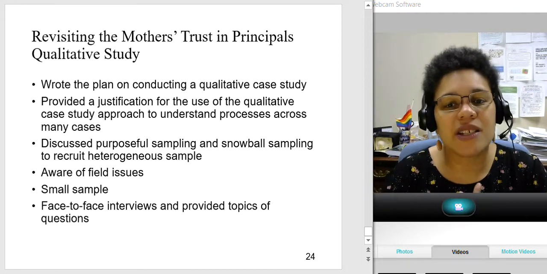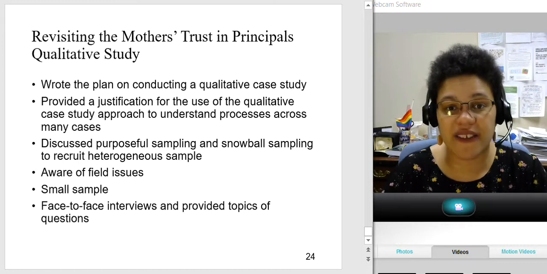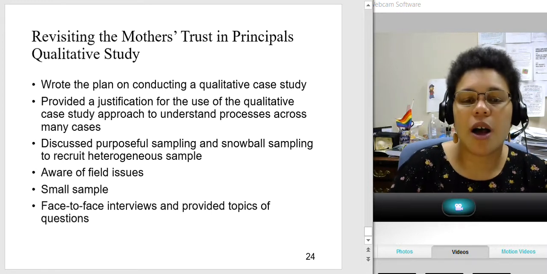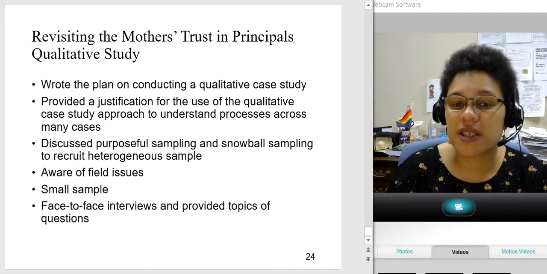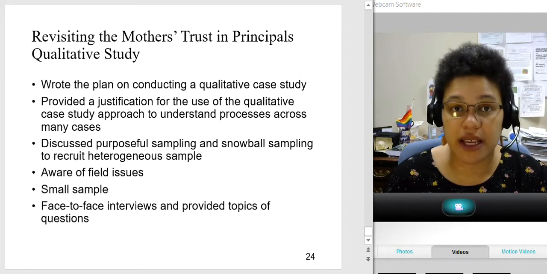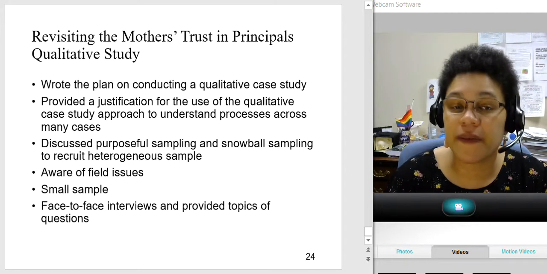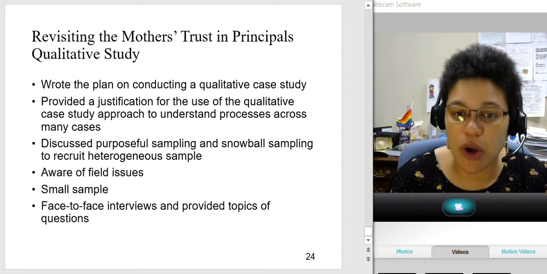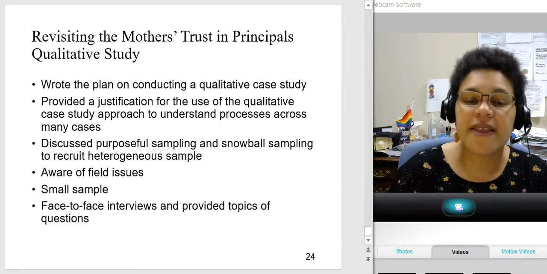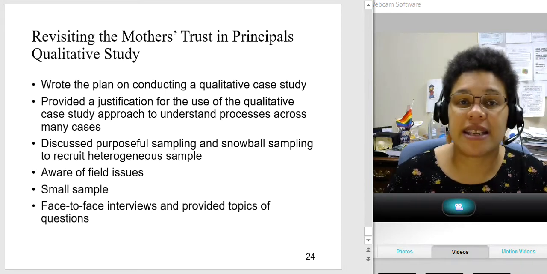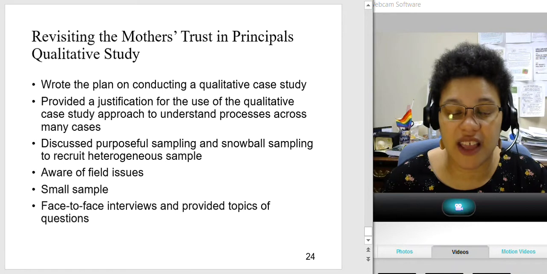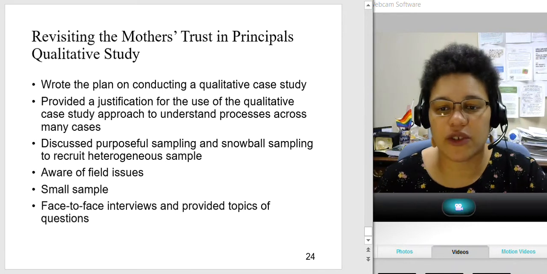They provide a justification for the use of the qualitative case study approach. And they discuss their purposeful sampling and the snowball sampling that they used. You want to look for an awareness of field issues, and you'll notice that they have a small sample. They have face-to-face interviews and provided topics of the questions that they included in their interviews.